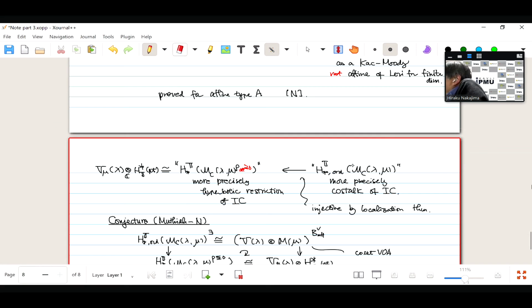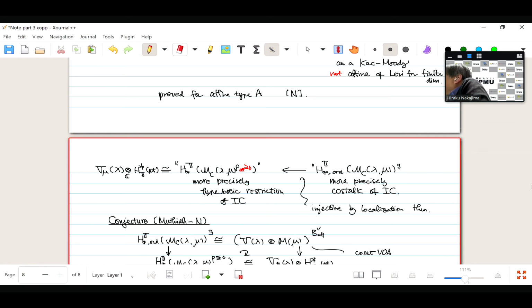But somehow, if you imagine that this M_C is smooth and something like M of K R, this is equivariant homology, the ordinary equivariant homology. So I use this notation with quotation marks, but for a more precise statement, we must use the costalk of intersection cohomology.